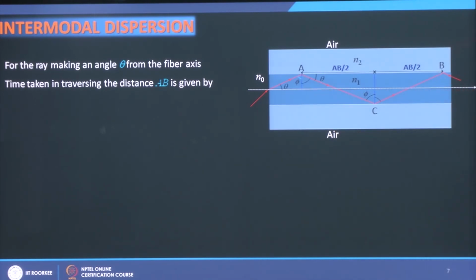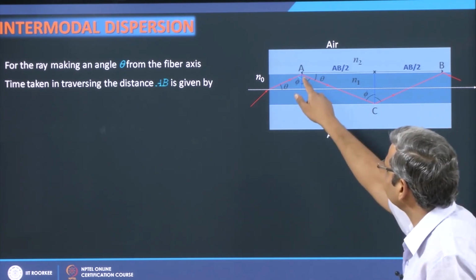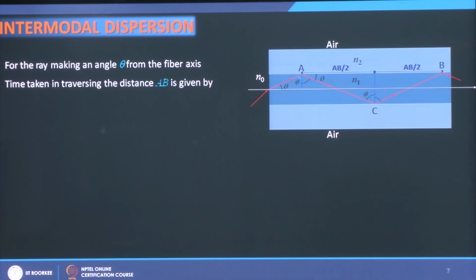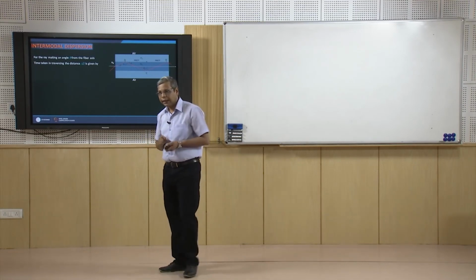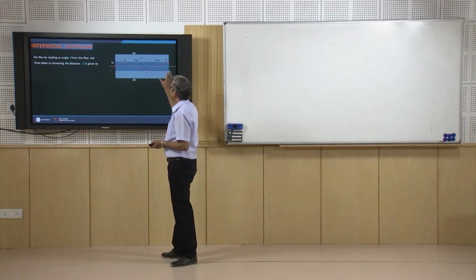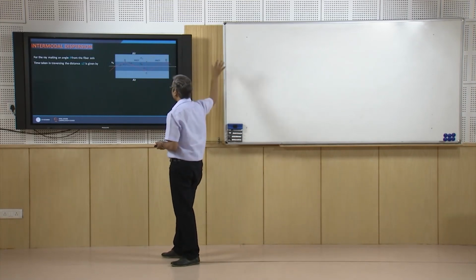So, if I can find out the time taken by this ray in traversing this path AB, then I can find out the time taken in traversing L length of the fiber, because that L length can comprise these several ABs.